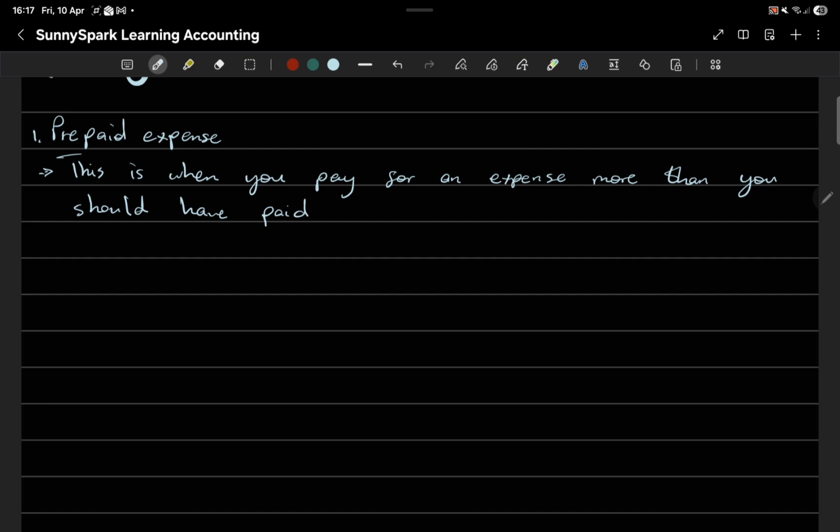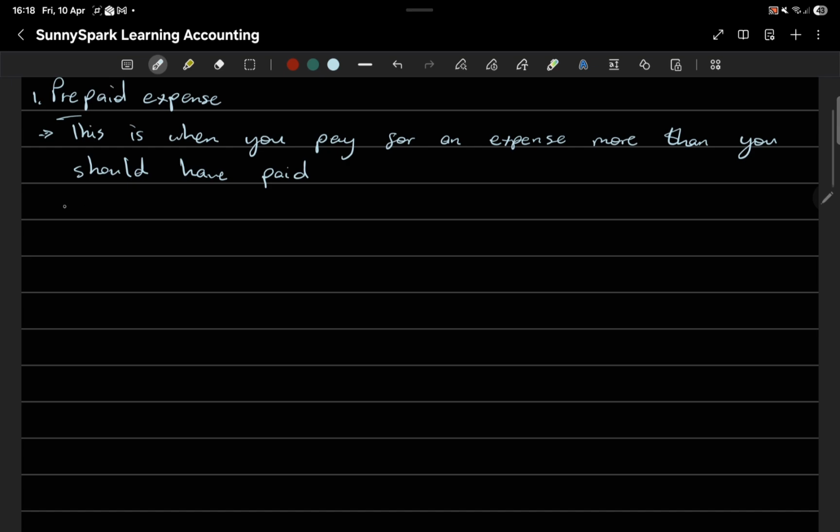This means you pay more than the amount you must pay. I gave the example of the insurance company that charges you 20,000 per annum.